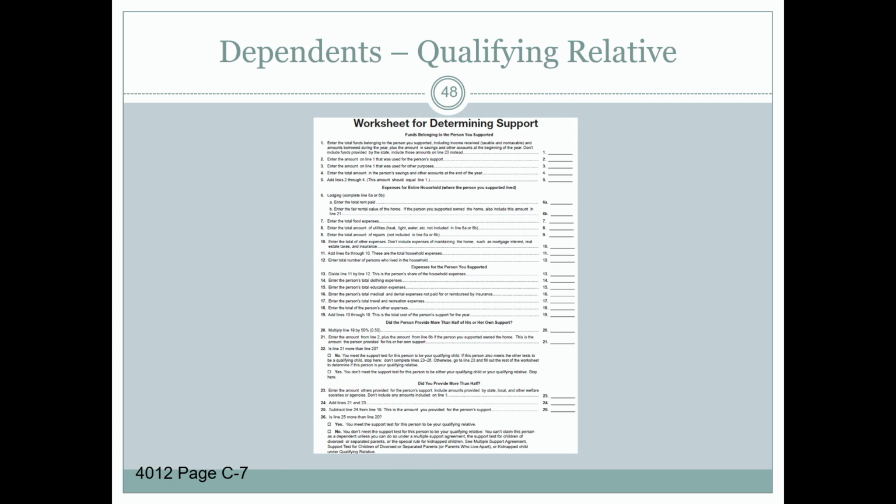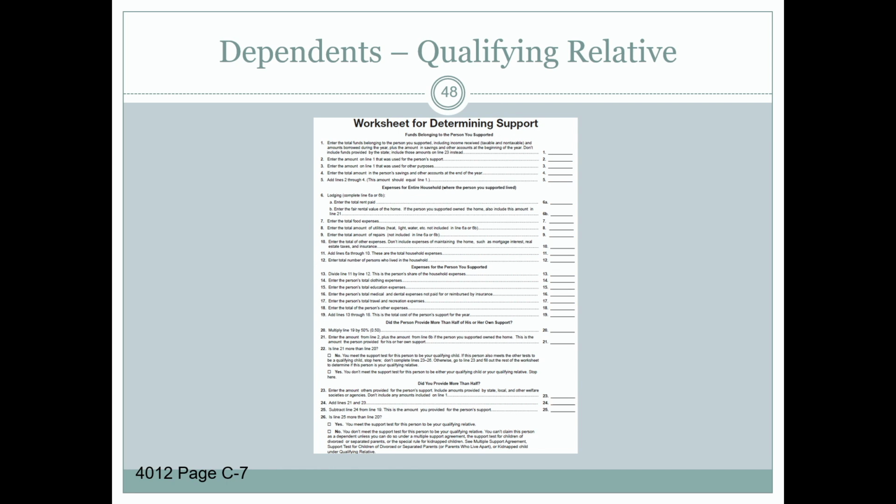Okay. Once we get past the household expenses, then we get into the separate expenses for the person they're wanting to claim. And if you will notice there, it includes quite a bit. Most people, when they think about support, they think about the necessary things such as the clothing, the education, the food and all that, utilities and things, medical.